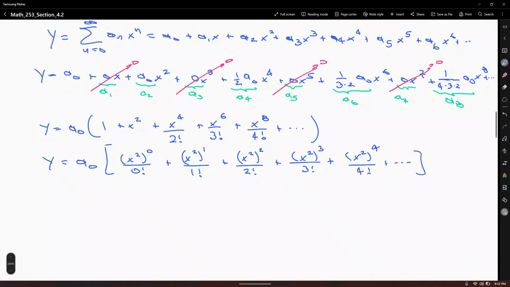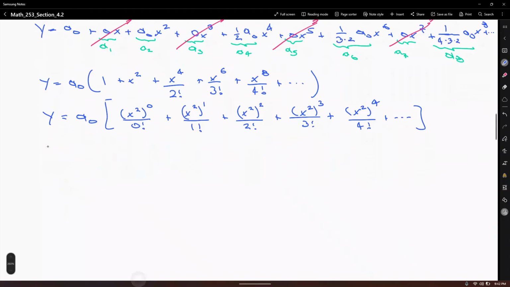And with this, we should be able to write a nice power series that is a sub naught times sigma n equals 0 to infinity of, in this case, x squared raised to the n divided by n factorial. So now we have a match between the factorials and the powers that we have.